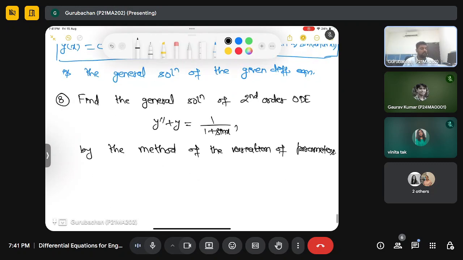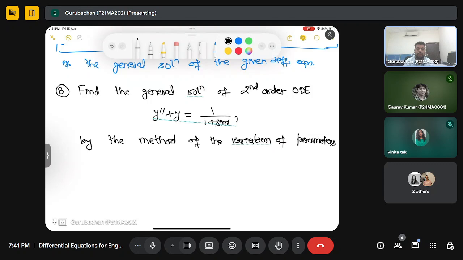We need to apply the method of variation of parameters. For that, we first need to find its homogeneous solution, that is y1(x) and y2(x). Then we have to apply this method. Try this one, then we will discuss it.